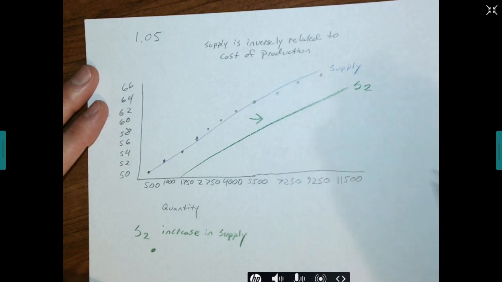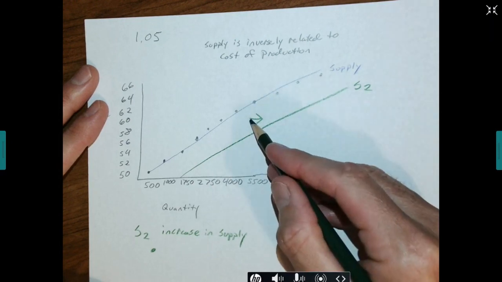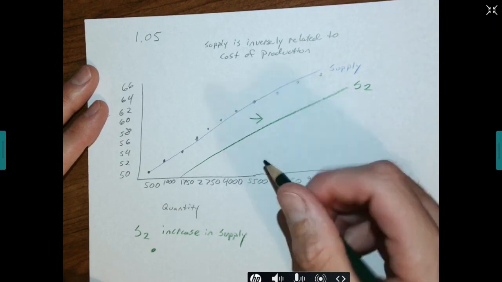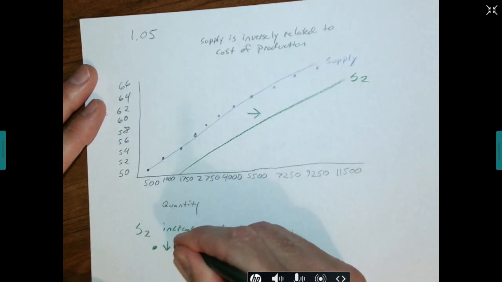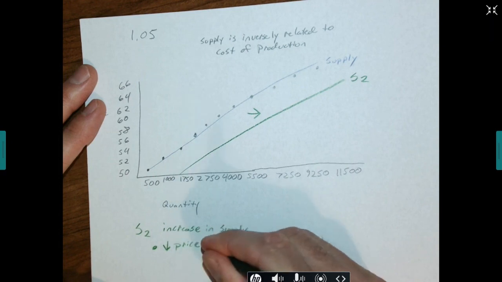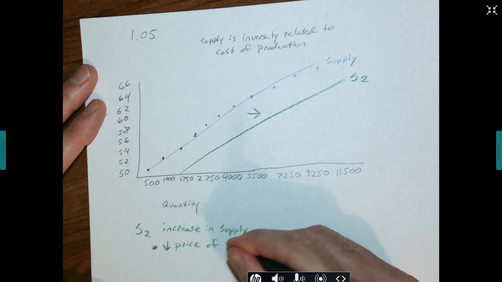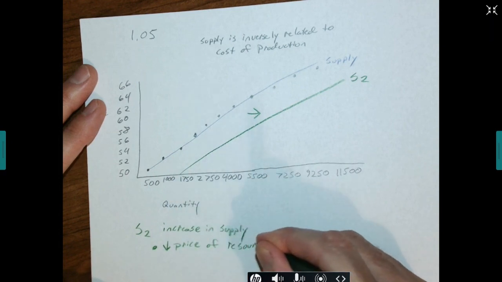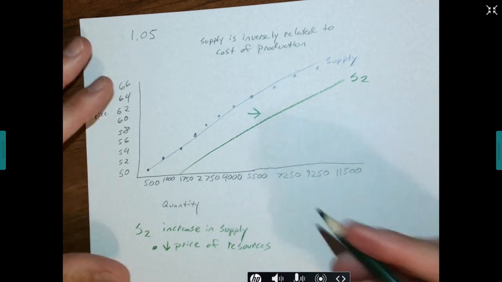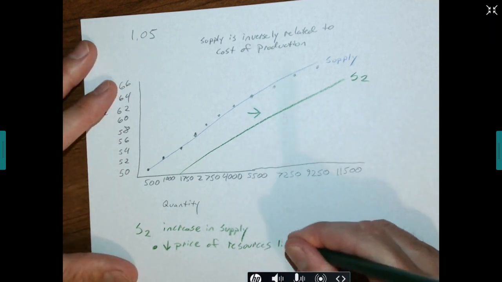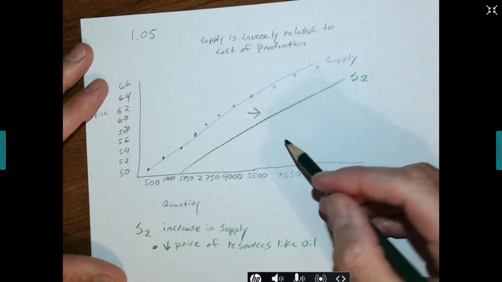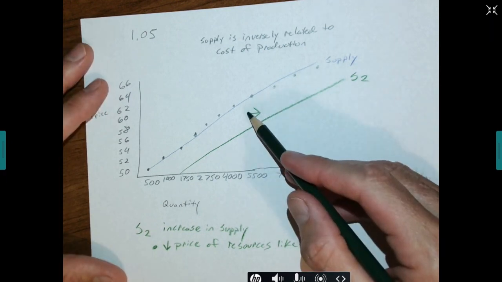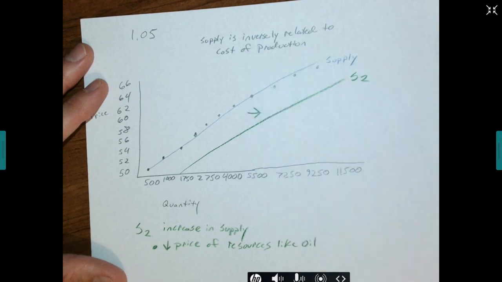So what would allow us to produce more if the cost of production goes down? So maybe we saw a decrease in price of resources, such as oil, for instance. Other things that could cause this, if you were to see an increase in technology or productivity of labor or something like that.